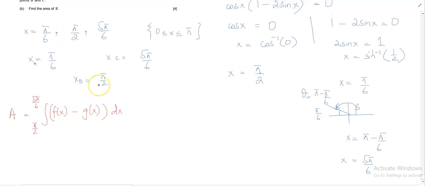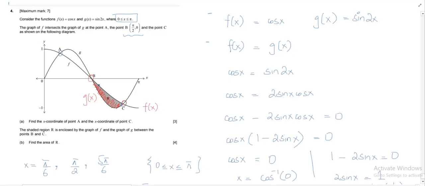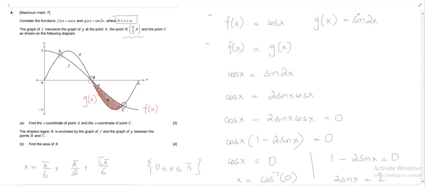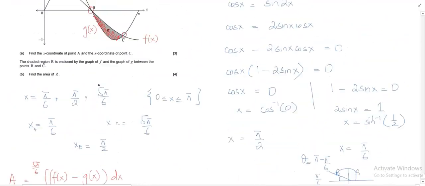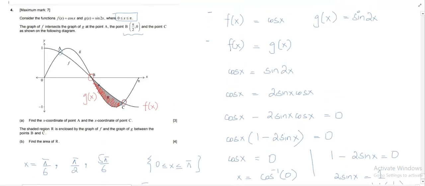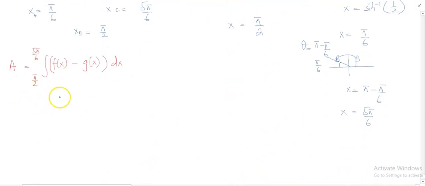Now we have half the job done. We just need to look at the formula and substitute the values. So f of x over here is given as cos of x. So we have cos x minus sine 2x, which corresponds to g of x, and then obviously dx, and then I'll put the limits over here and continue with this one.